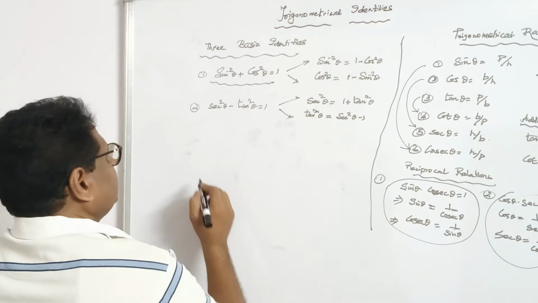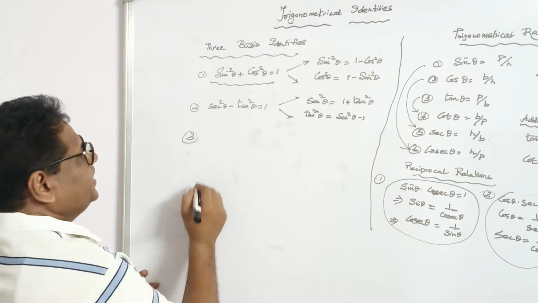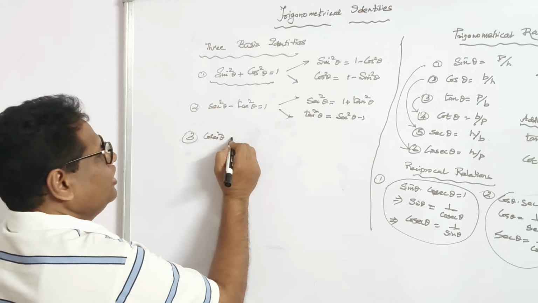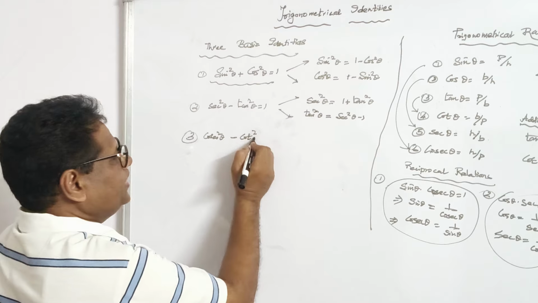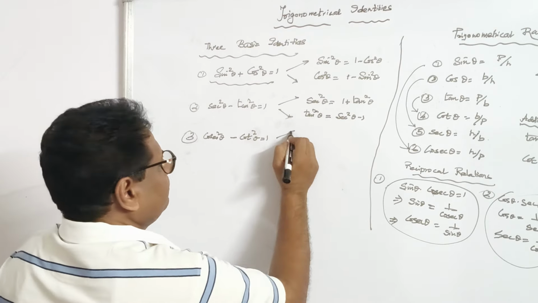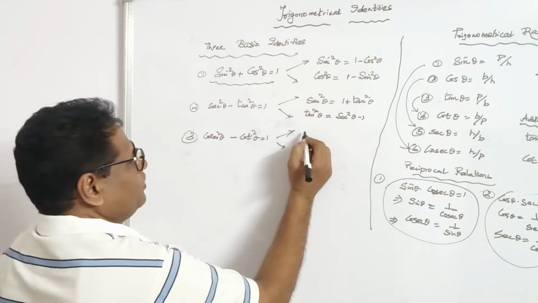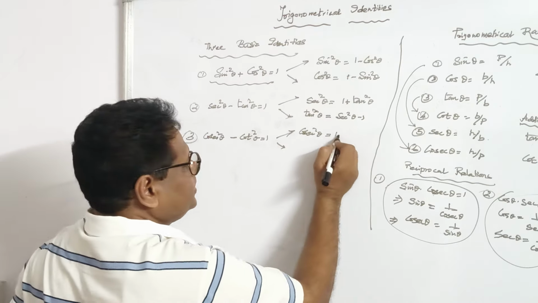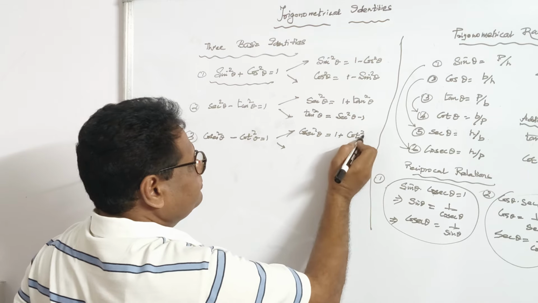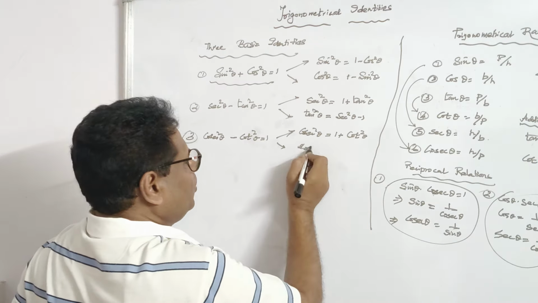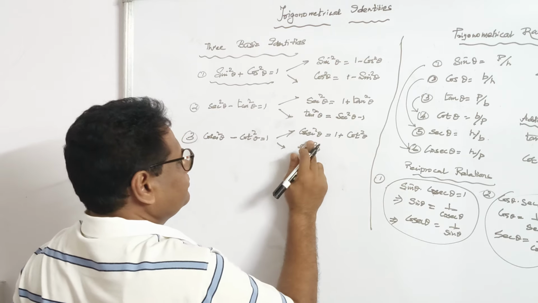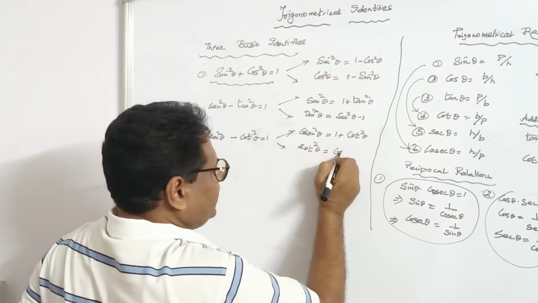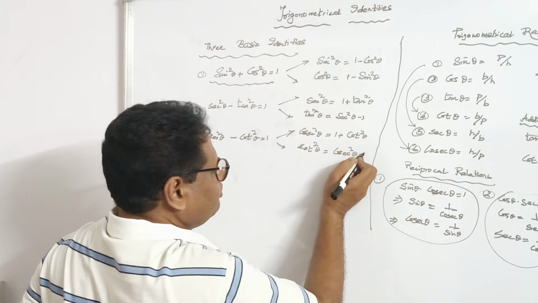The third and last identity is cosec square theta minus cot square theta is 1, which means for cosec square theta we can write 1 plus cot square theta, and for cot square theta we can write cosec square theta minus 1.